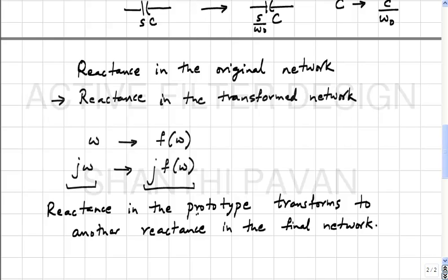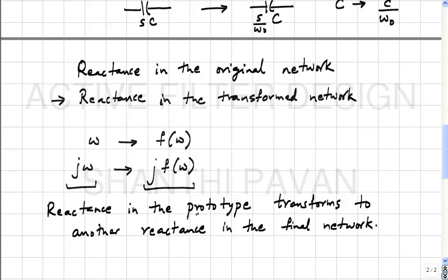So if you want the low sensitivity property, then you want the stuff inside the box to be lossless, which will happen if you replace every inductor/capacitor with a combination of only lossless elements, so that the attractive property of low sensitivity is inherited even in the transformed filter.